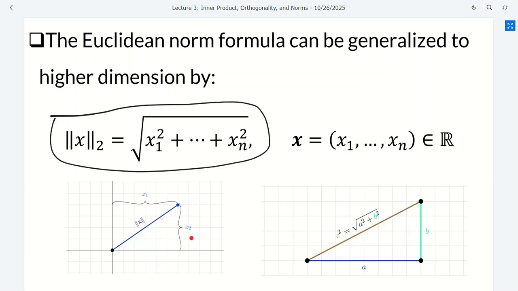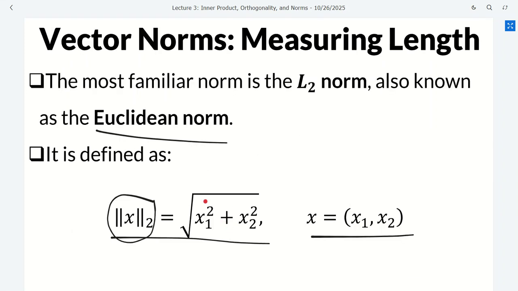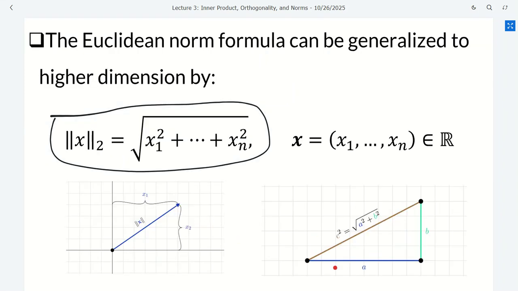Now we saw that the Euclidean norm is obtained from the Pythagorean theorem. If you look at the first one that we did and compare it to this, they will move in the x direction and also move in the y direction.